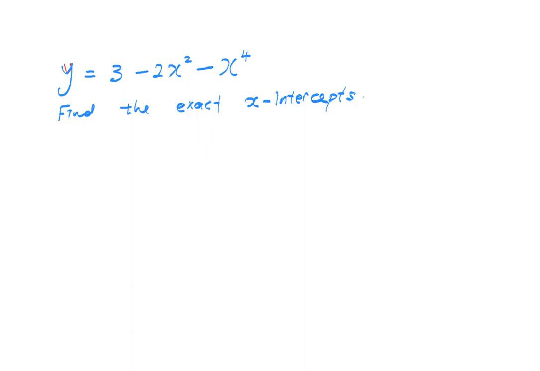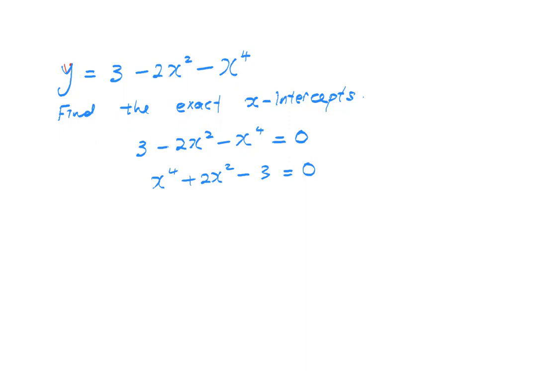Okay? Let's see. So I will put 3 minus 2x squared minus x to the power 4 equal to 0. So I put here x to the power 4 plus 2x squared minus 3 equal to 0. It's minus 2x squared plus 3. No, I rearranged it, young man. Oh, okay. Sorry. Okay, thank you.